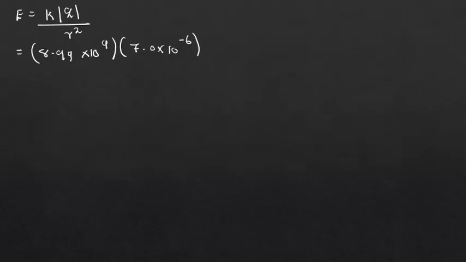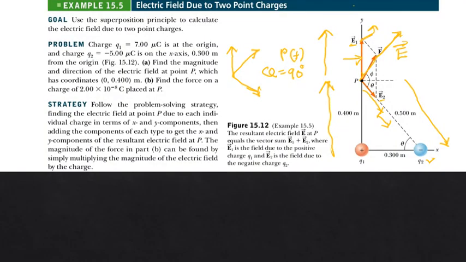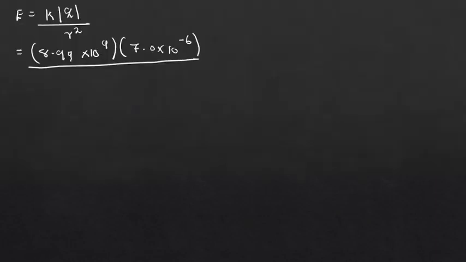So that's the first thing to do. What is the distance? The distance from Q1 to P is 0.4. So we're going to put our 0.4 like that, power 2.